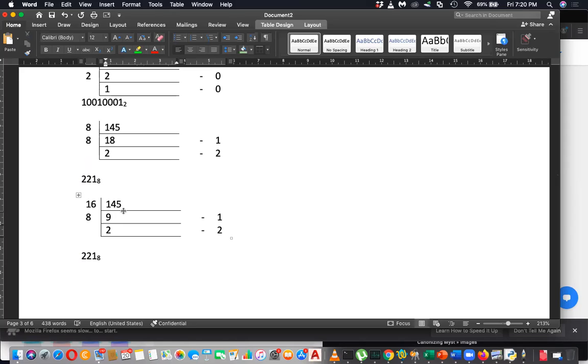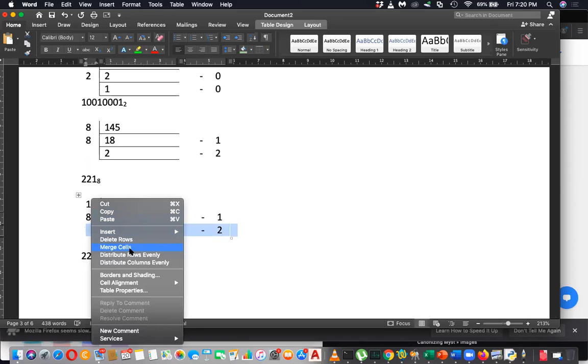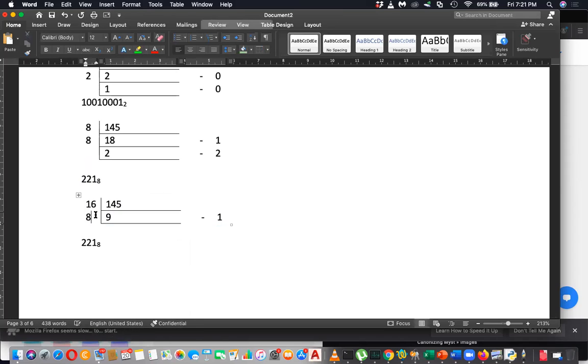What is the balance? Remainder 1. So the answer is 9, 1 in hexadecimal.